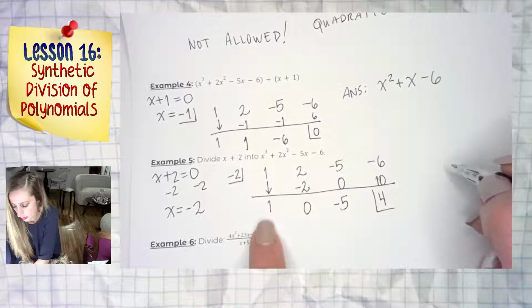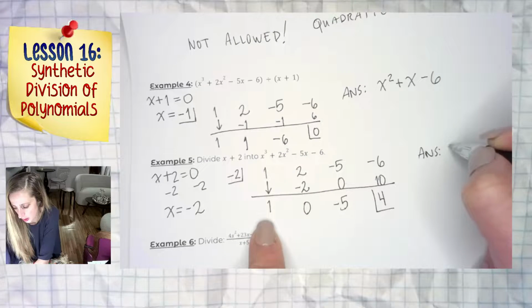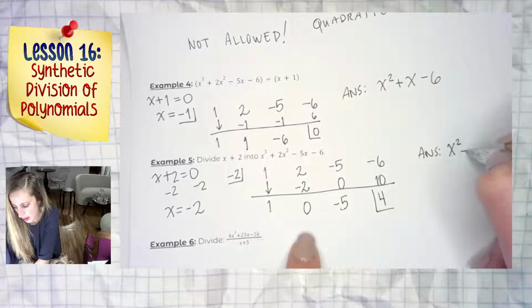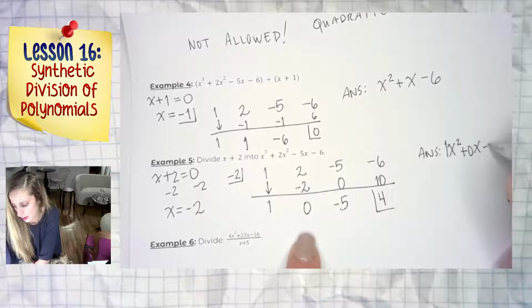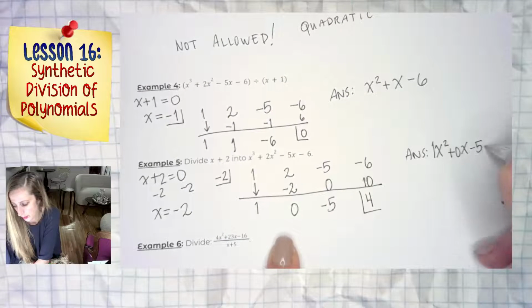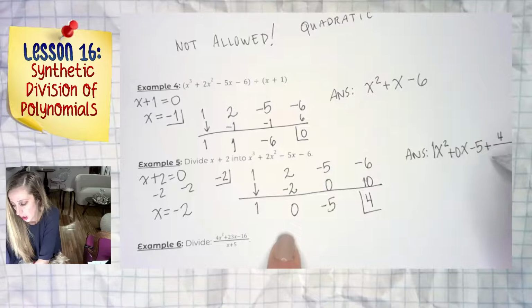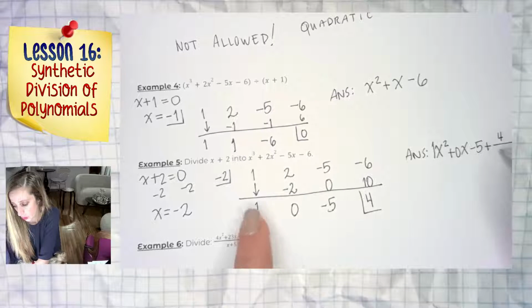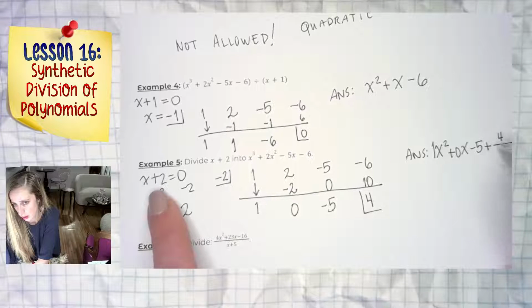So what is it that we have here? Well, our answer this time has a remainder. It's going to be x squared. Now, if I really fully wrote this, I would even do a 1x squared, a 0x minus 5. Then, the way we handled the remainder, plus remainder over x plus 2, not negative 2. This is also on the other side of the first page, typed up for you guys.